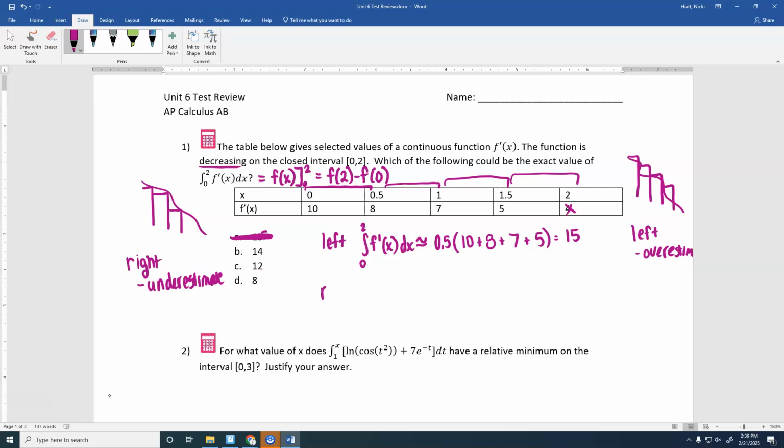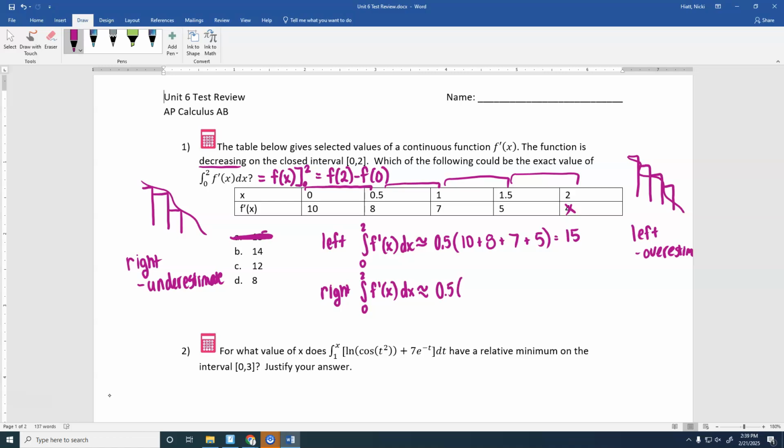And then for the right Riemann sum, I'm betting that it's going to be 12, because if it's 8, we've got a problem. But still, my width of each rectangle is 0.5.